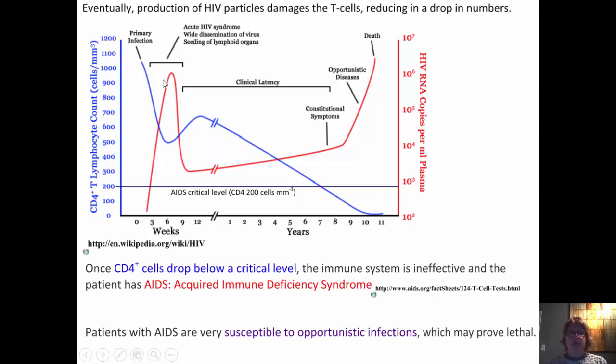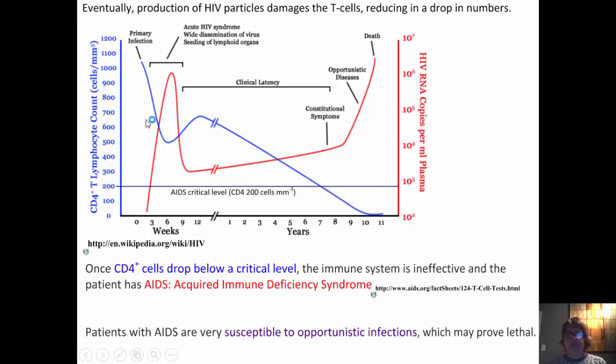The problem is when we have an acute HIV symptom, we start to get more affected by our infection. So you have a period, when you get infected, where the number of lymphocytes is going to decrease. As your HIV copies are increasing, the number of lymphocytes is decreasing.